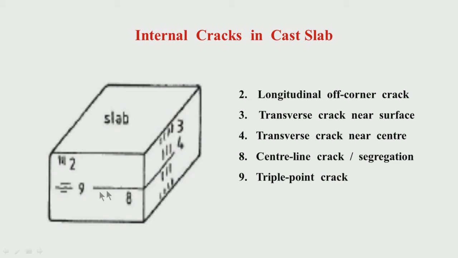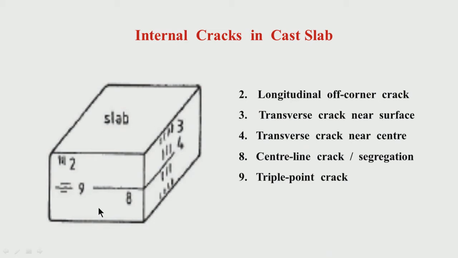I have mentioned the triple point, these diagonals where the solidification fronts are meeting. At the central area, again the solidification fronts are meeting, and if you have the columnar zone extending till the central portion, you have higher chances of formation of central crack and segregation.